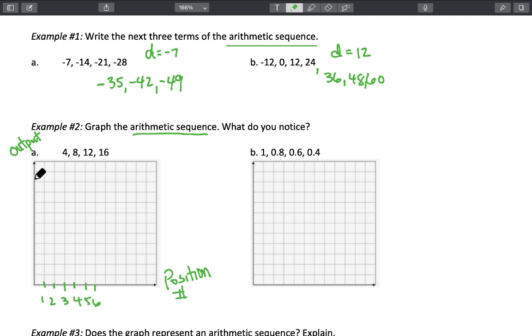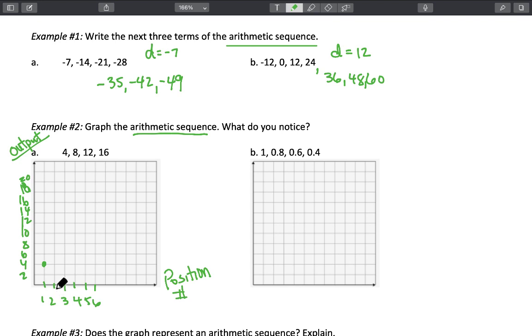And then on the y-axis, remember, are the outputs, or the term values, or the sequence values. And here we'll go up by 2: 4, 6, 8, 10, 12, 14, 16, 18, and 20. My first term here looks like it's 4, so I go 1 over and 4 up.